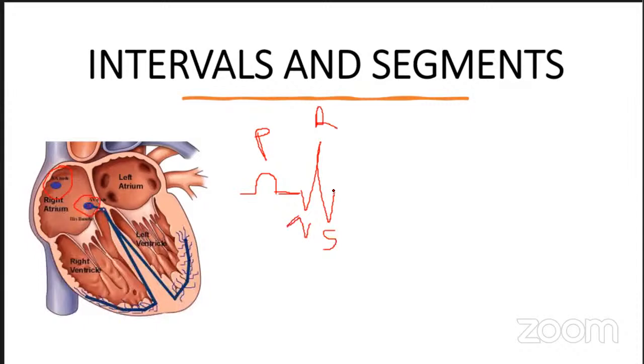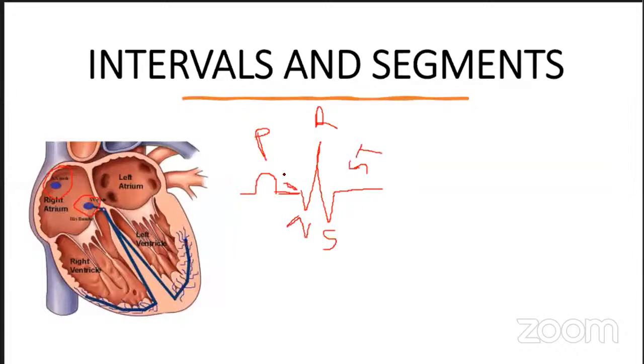And then you're going to have what we refer to as our ST segment. This represents the time interval between depolarization and repolarization of the ventricle. So this portion on the isoelectric line is our ST segment.